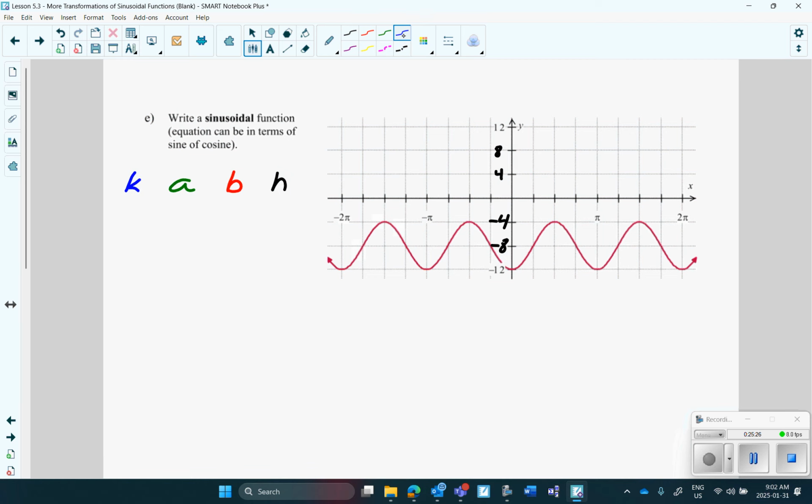Midline, hopefully you can do visually here, which would be -8. And remember, the amplitude is never negative. It's just a positive value. So the distance between here and here, or here and here, is 4.